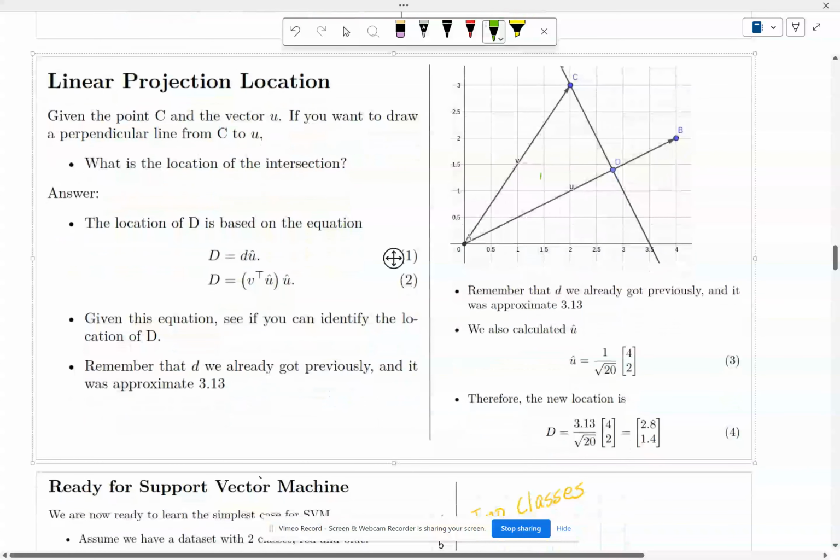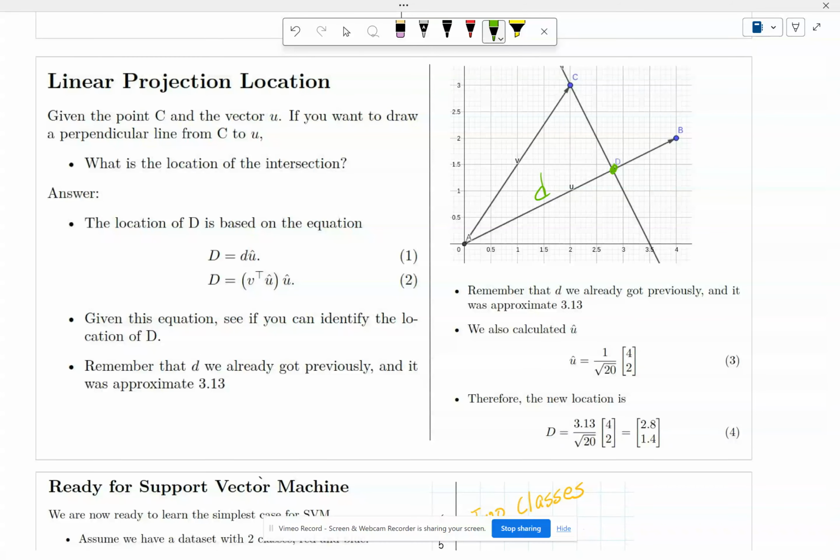Now that we know the distance here, right, what if we want to find this exact location? Well, that's also really, really simple. If we know u hat, which is the vector u normalized, so this vector is length 1, all we have to do is multiply d by u hat, and we'll get this point here. We'll get capital D here.